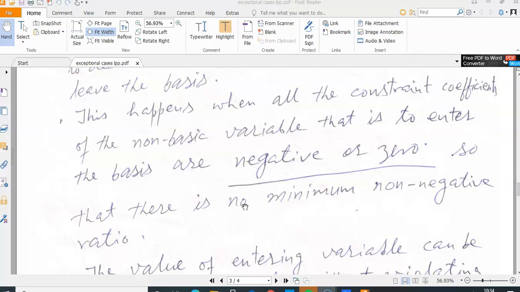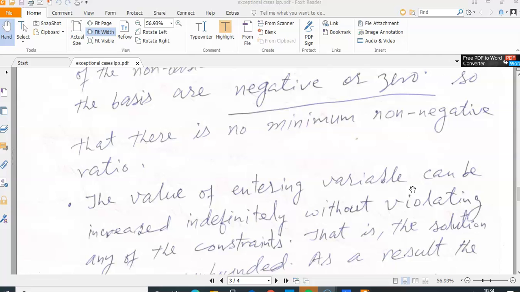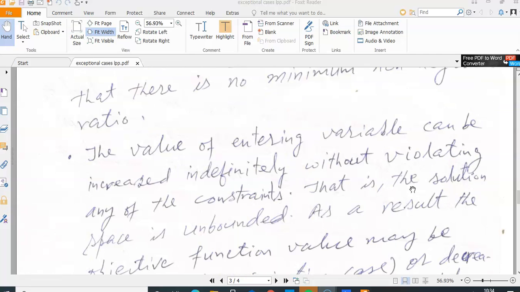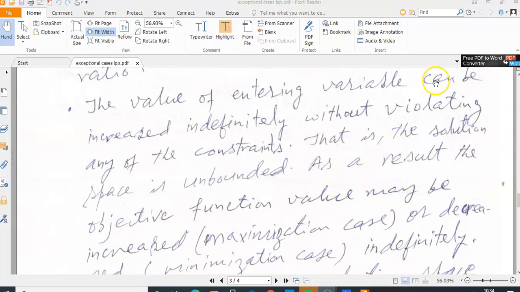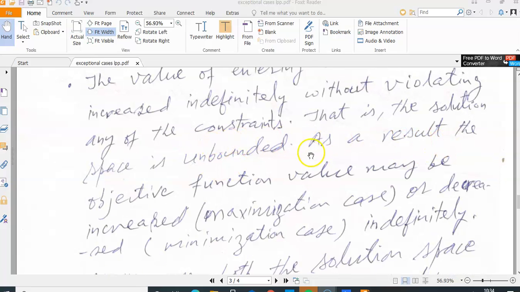In all these cases, we will get infinite or negative ratios, which we don't count. So there will be no unique minimum non-negative ratio, and the value of the entering variable can be increased indefinitely without violating any of the constraints. That is, the solution space is unbounded.